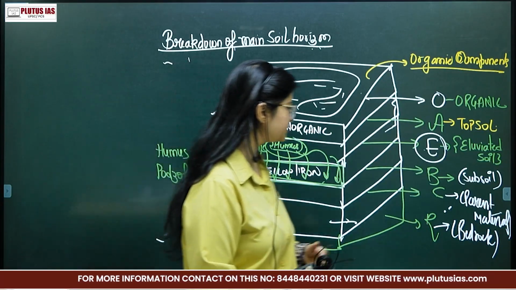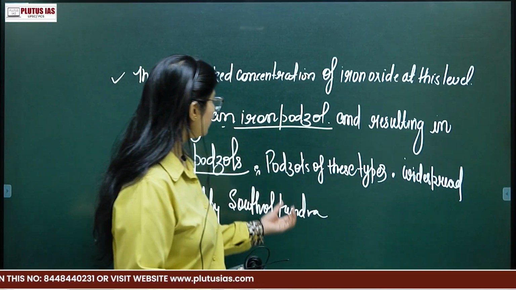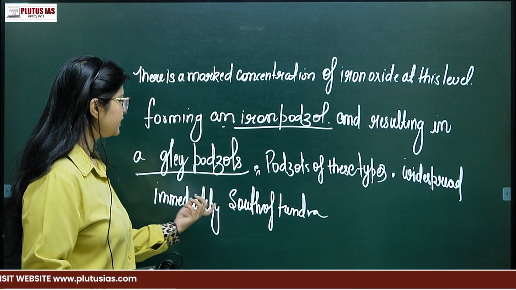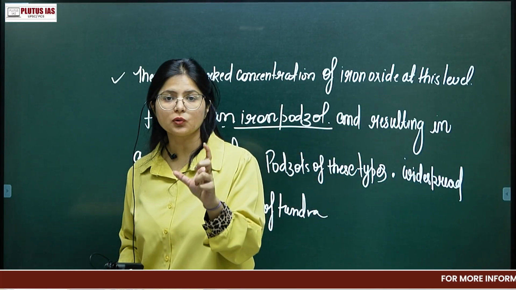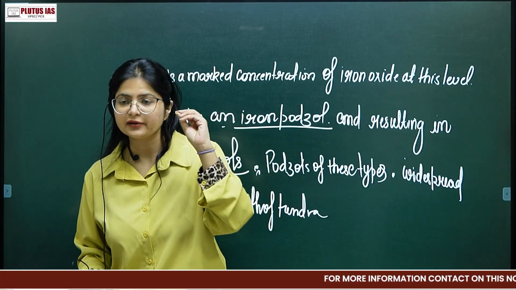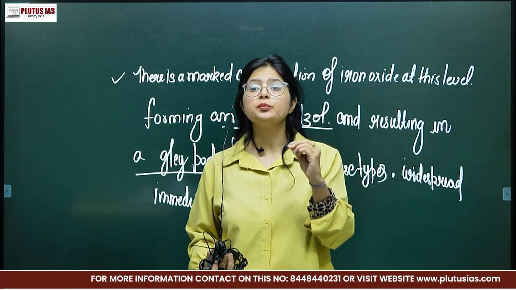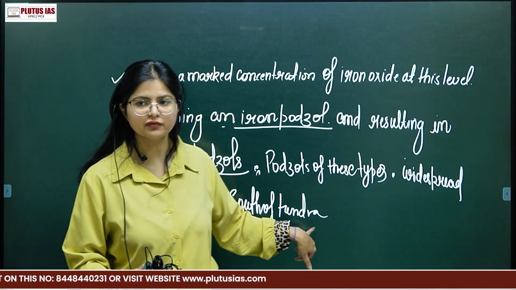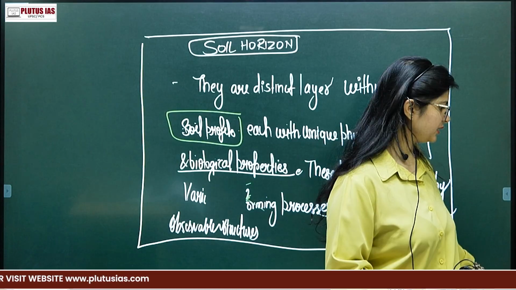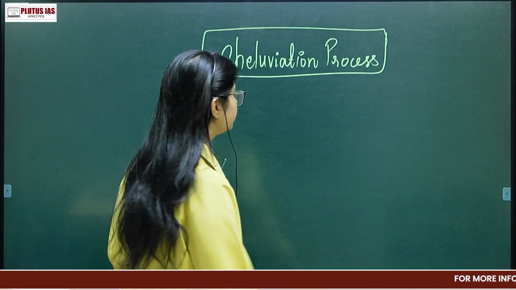Podzols of this type are widespread immediately south of the tundra. In the tundra region, in this particular layer, we will be finding humus content. Where will we find this? Widespread south of the tundra. Tundra is in high latitudes.